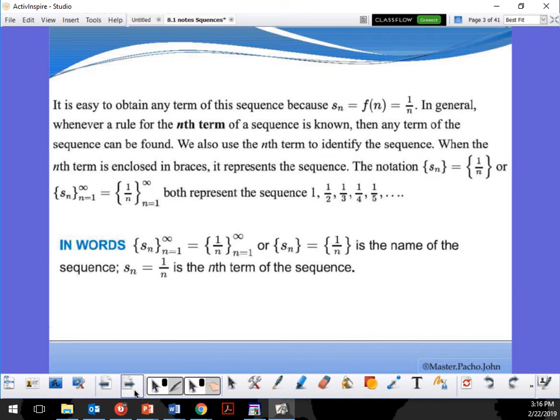So, an easy way to obtain terms of the sequence is S of n equals f of n. What does f of n mean? Plug in n for your variable, so it equals 1 over n. In general, whenever a rule for the nth term of a sequence is known, then any term of the sequence can be found. We also use the nth term to identify the sequence when the nth term is enclosed in braces, like we have here.